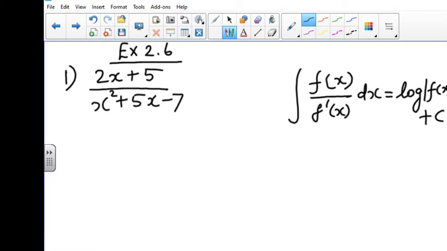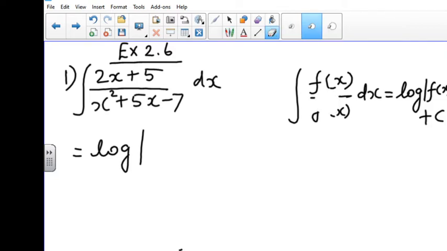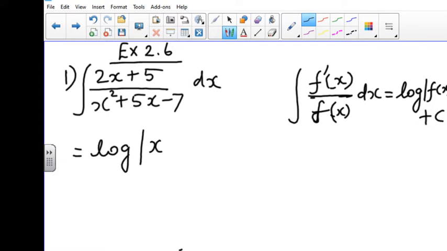So, the answer will be log of modulus of x square plus 5x minus 7 plus c. This is the answer for problem number 1.